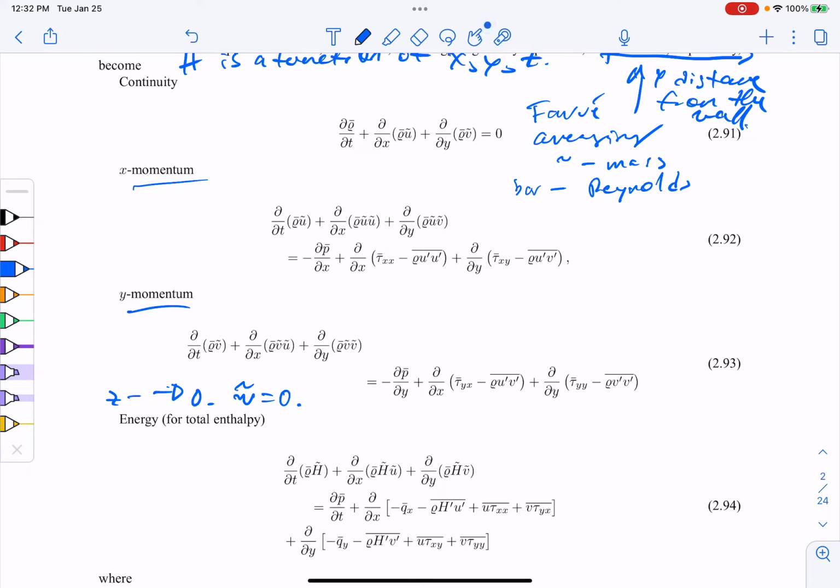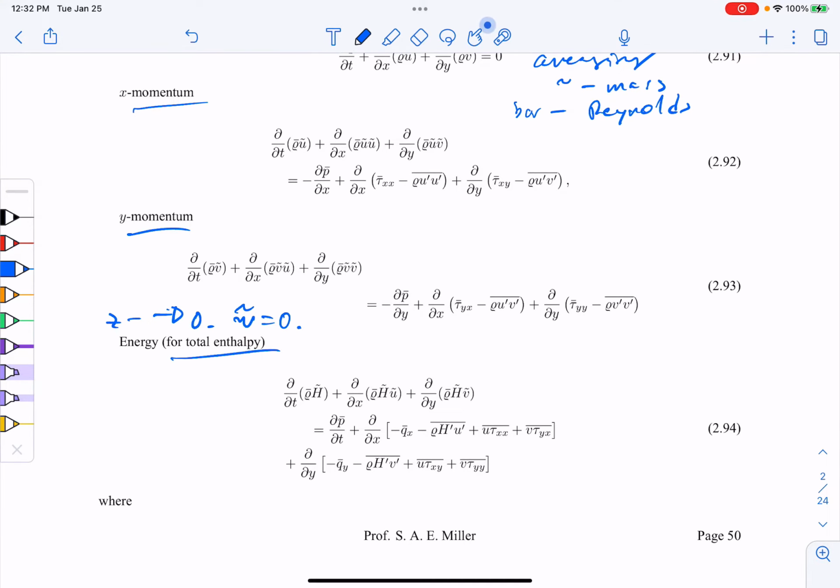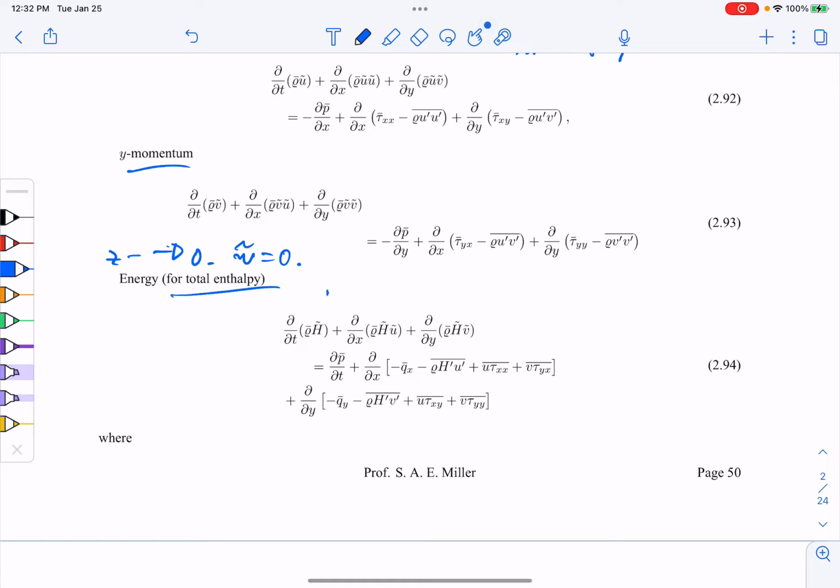So all those terms would drop out and the equation's not useful. So now I have equations 292 and 293. And then I have a total enthalpy equation. And I'm going to track mass weighted total enthalpy.